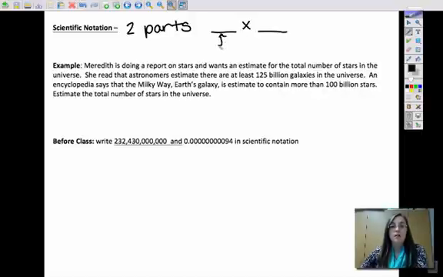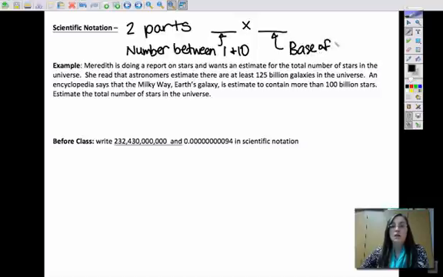The first part has to be a number between 1 and 10. So the first part can't be anything smaller than 1, and it can't be 10 or larger. The second part is a number with a base of 10 to a certain power.